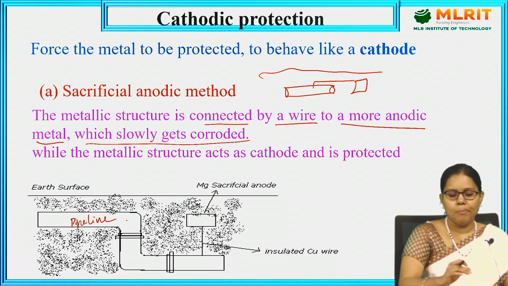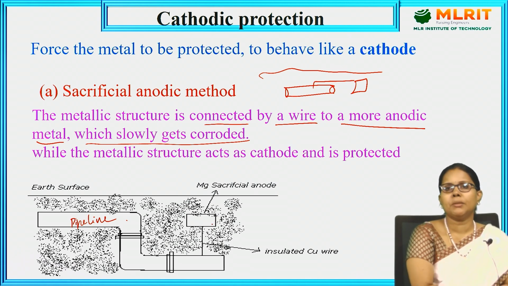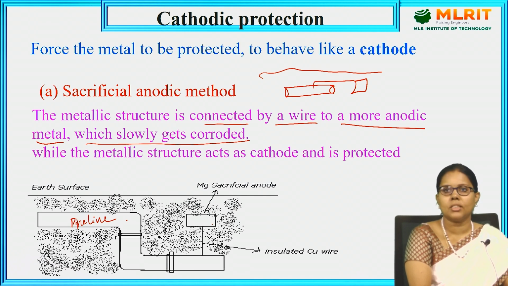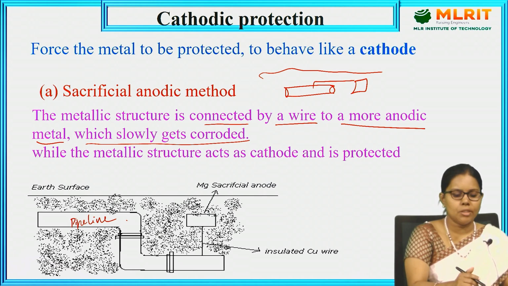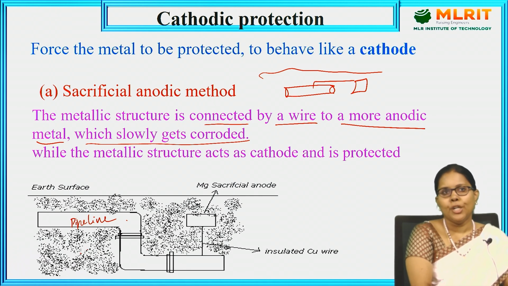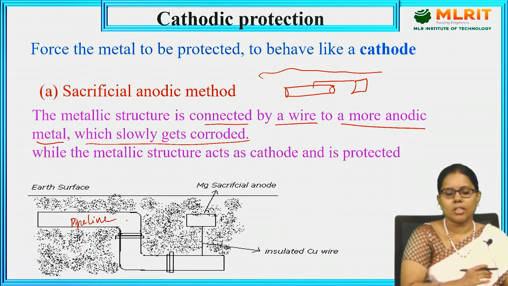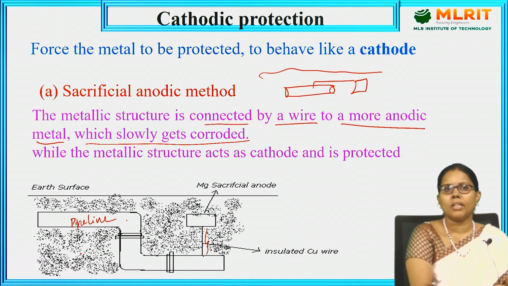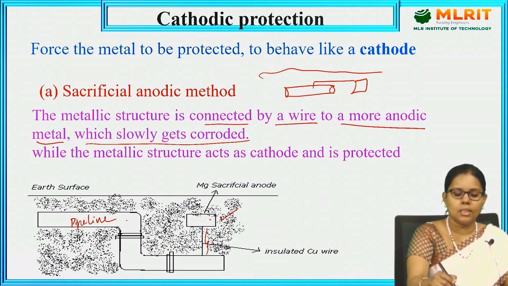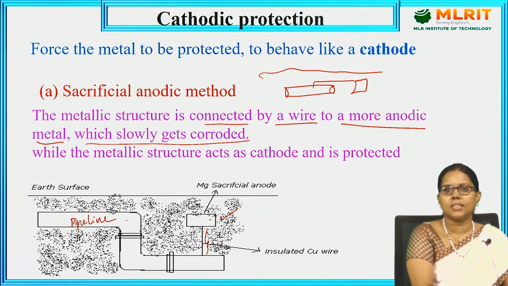Without the magnesium anode, the pipeline gets corroded very fast because of the minerals, metals, alloys, moisture and bacteria present in the soil. To protect this pipeline, we connect an insulated copper wire to the more anodic metal. So all the corrosion current lies here and the magnesium block gets corroded.